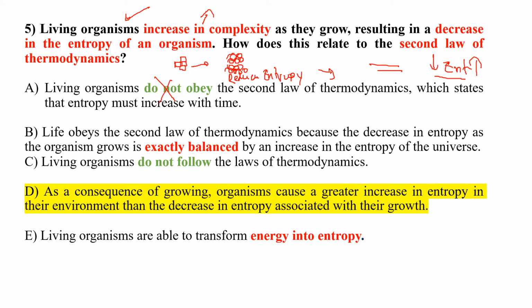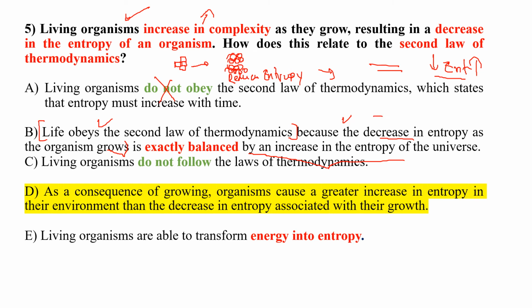Here, answer B says that life obeys the second law of thermodynamics. This is correct. Life definitely obeys the laws of thermodynamics, because it decreases entropy as the organisms grow. This is also true. And how does it do it? By balance with the energy of the universe.